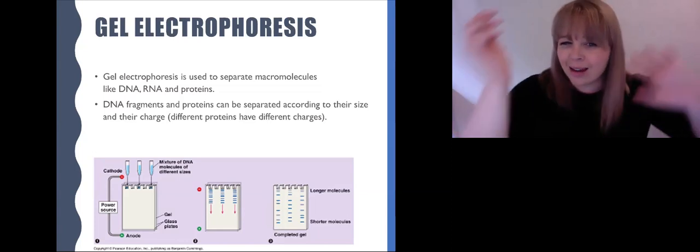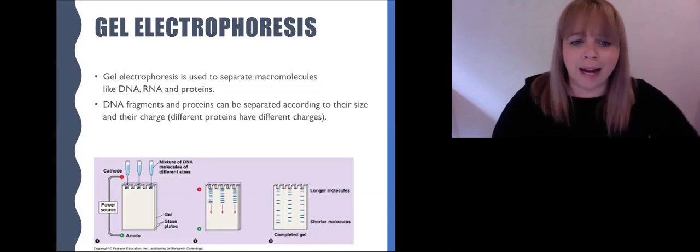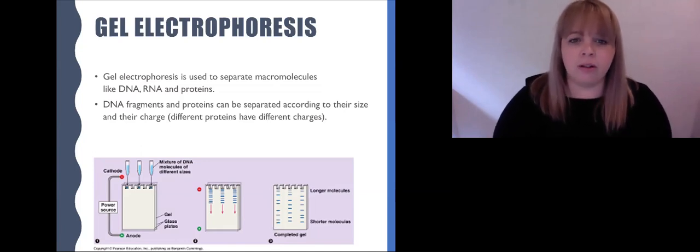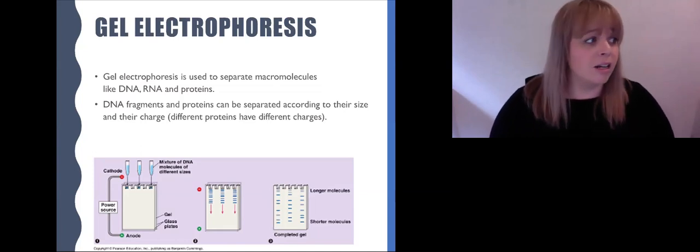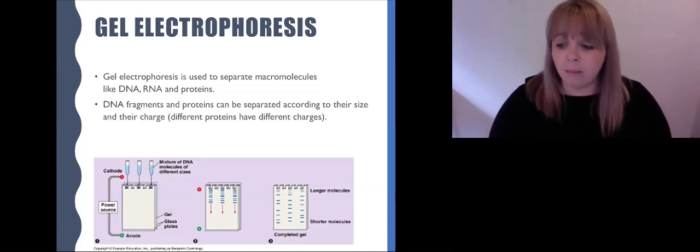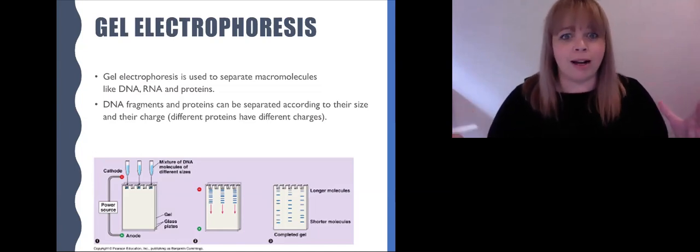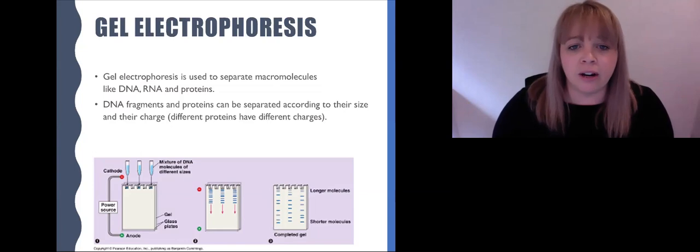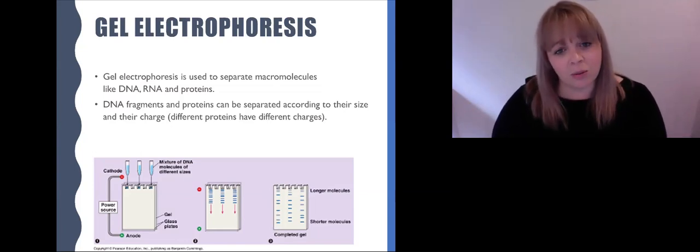So thinking way back to our structure of DNA, you might remember that the phosphate group on the backbone actually has a negative charge. So DNA on its own is negatively charged. We can use that property to separate it out into different sized fragments. DNA is tiny. There's no point in trying to do this with a microscope.